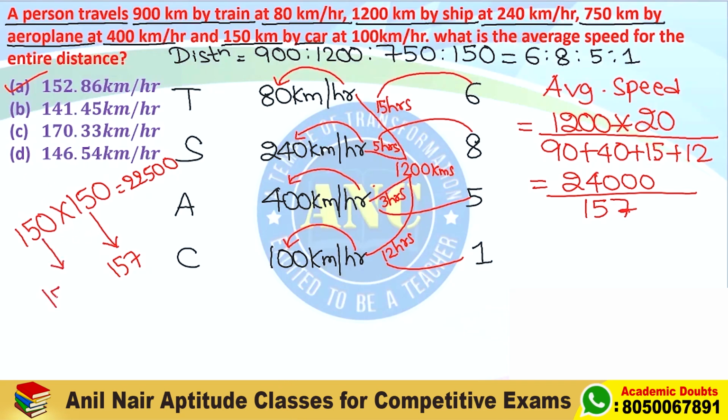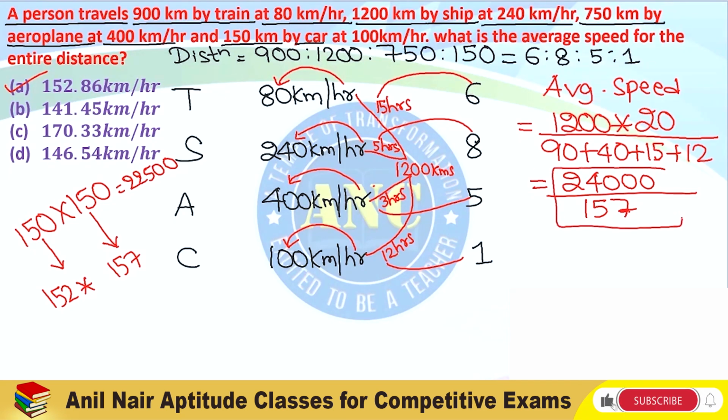So if I increase by 152 here, approximately you will get it at 24,000, that is how I calculated. But there are multiple ways where you can calculate that value. But anyway, we are not actually interested in finding the division value here. We are interested in calculating the average speed for this particular question. And I believe that it is very clear for you people how we calculated the average speed.